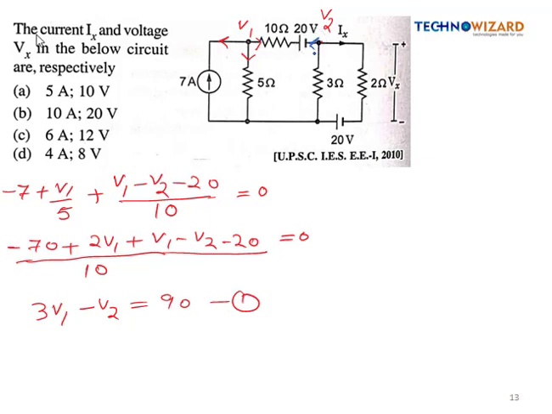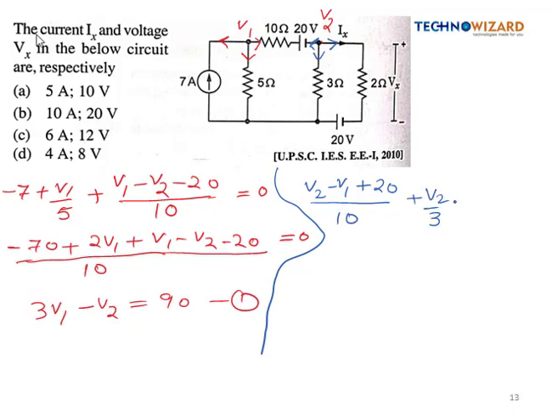Suppose this is our nodal current in the outgoing direction, so it will be V2 minus V1 plus 20, because it will support the nodal current, and it will be V2 by 3 plus V2, and this 20 volt will also support this current, so it will be plus 20 by 2 is equal to 0.